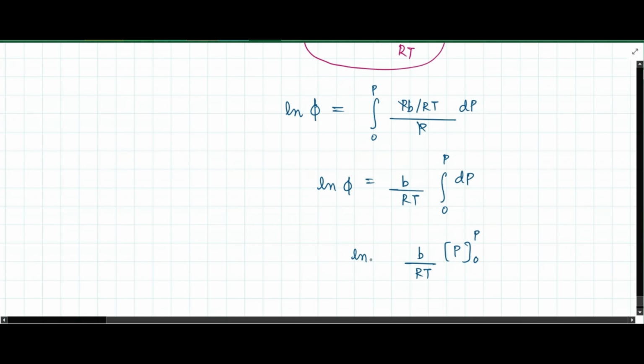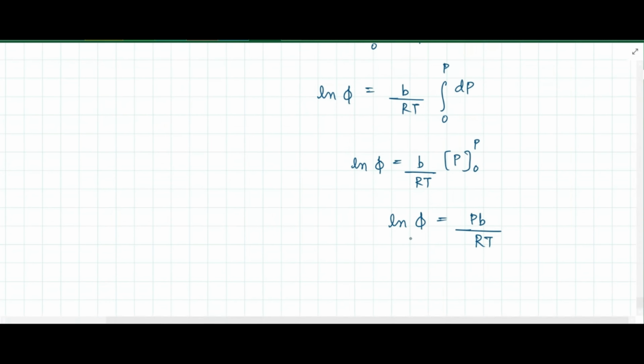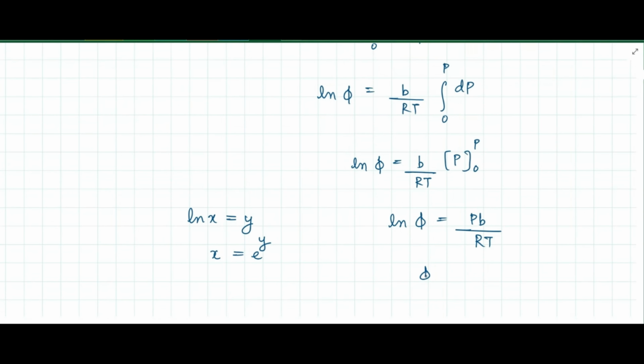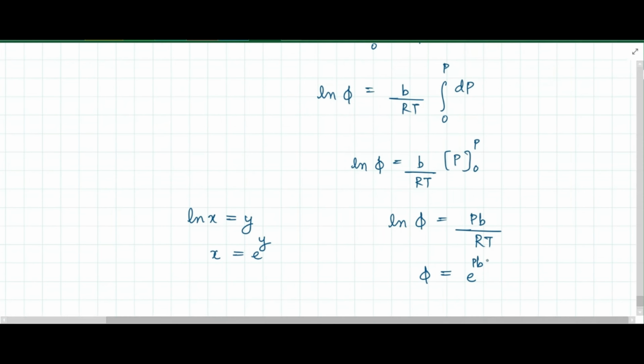Upper limit minus lower limit, what I have is ln phi is equal to PB divided by RT. Now I remove the ln. If ln of x is equal to y, and I need x, then on the other side it becomes exponential. So if I need phi, I take the exponential on the right: e to the power PB by RT.